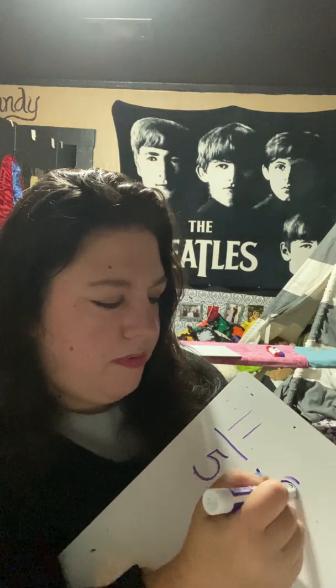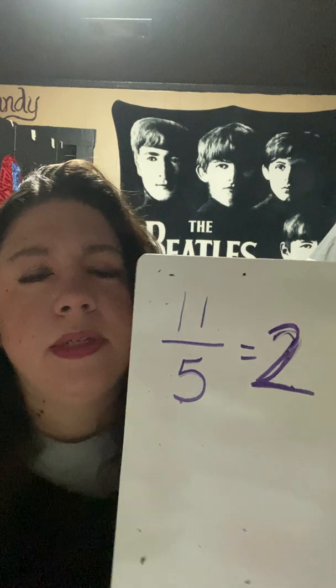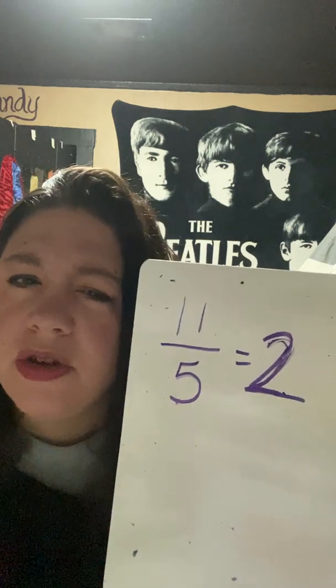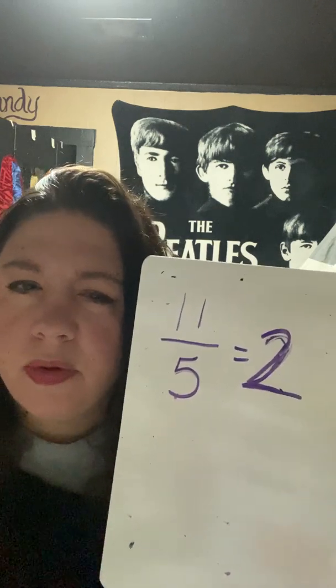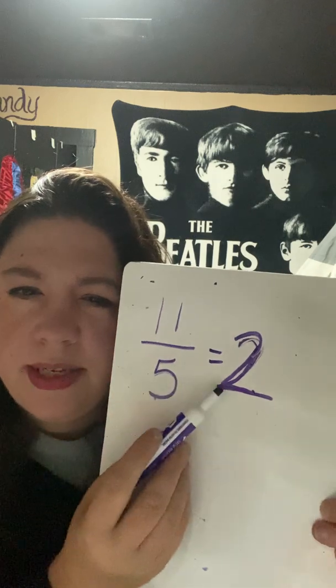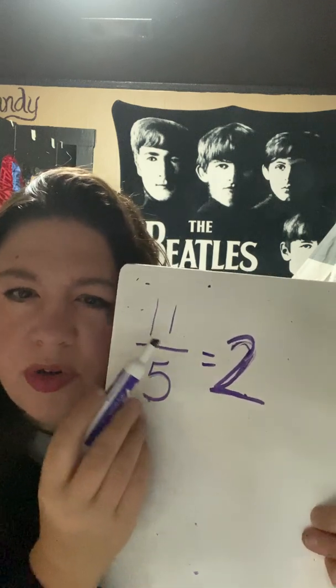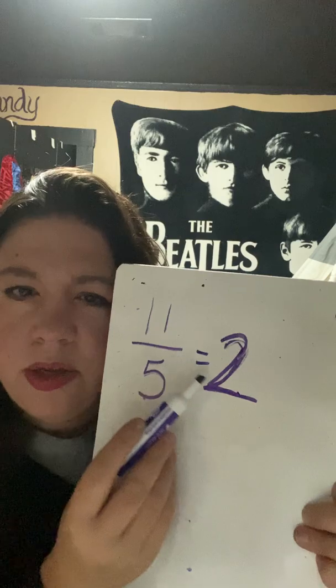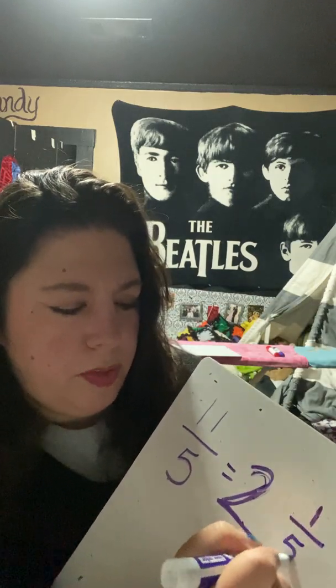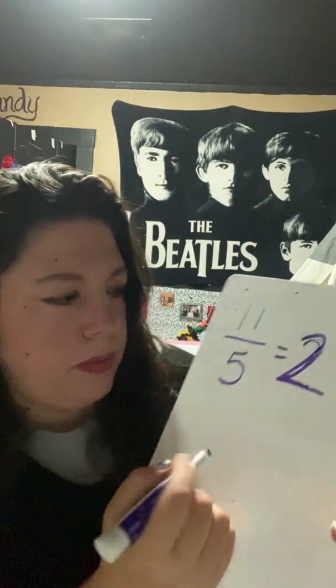So 5 will go into 11 2 whole times. But how much remainder do you have? Well, 5 times 2 is 10. We're trying to get to 11, so there's 1 remainder. And you put that 5 on the bottom.